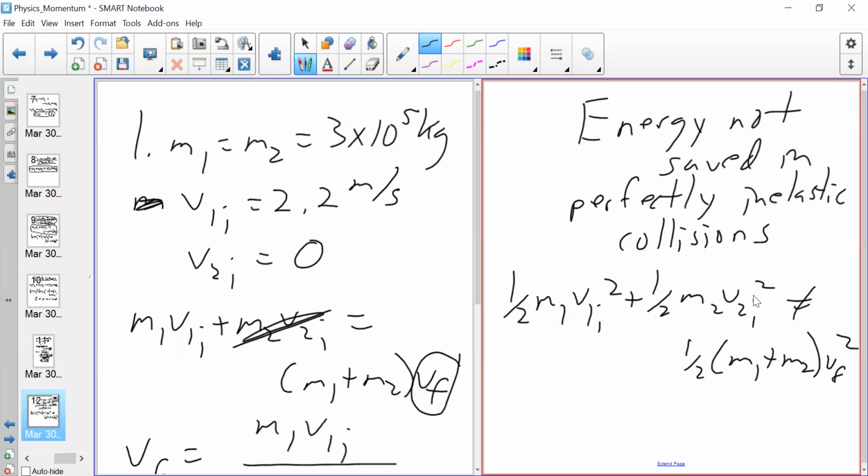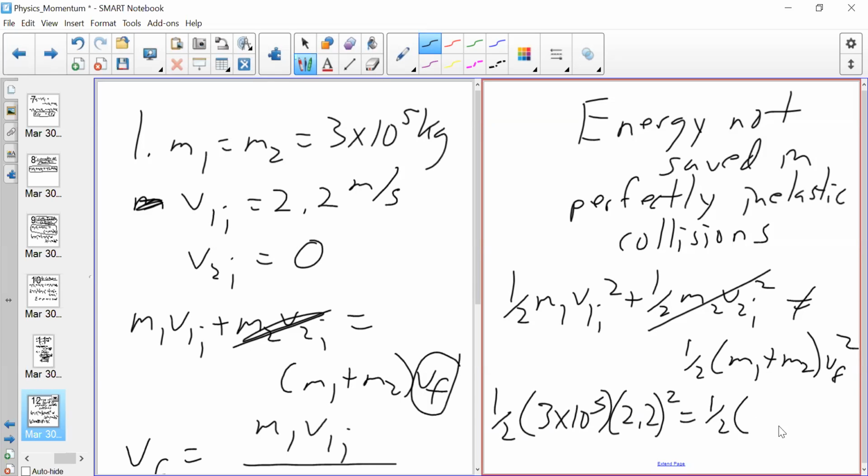So we know that the initial velocity for object 2 is 0, so that term goes away. And let's just put our information in. 3 times 10 to the 5th, 2.2 squared, 1/2, and then this is going to be 1.1. That's the final speed, 1.1 squared.